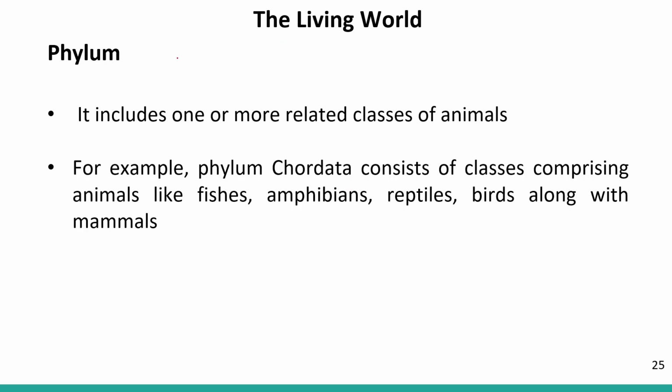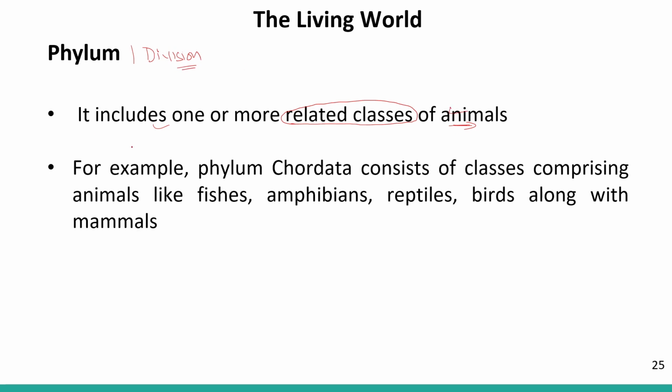Now, higher than class is phylum. What does phylum include? Phylum includes one or more related classes of animals only. If we are talking about plants, then we say division. So we call it division in the case of plants and phylum in the case of animals.